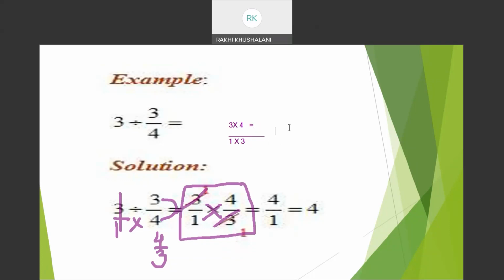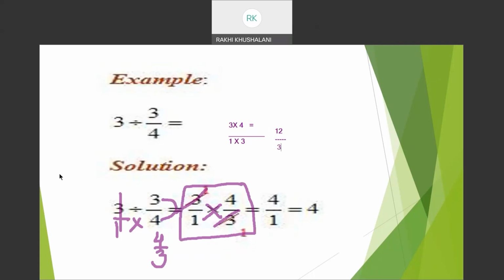So the answer I get is 12 by 3, because 3 into 4 is 12. This is the answer. Now you are going to get the reduced, or simplest, or lowest term.